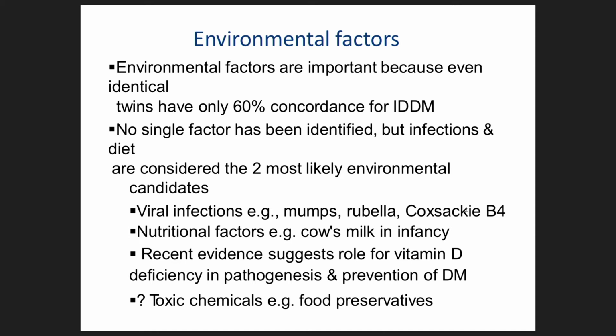But viral infection in a normal person without genetic susceptibility will never, by the will of God, give type 1 diabetes. But viral infection in those with genetic susceptibility will, by the decree of God, develop type 1 diabetes. So environmental factors are important only for those who have genetic susceptibility to develop type 1 diabetes.